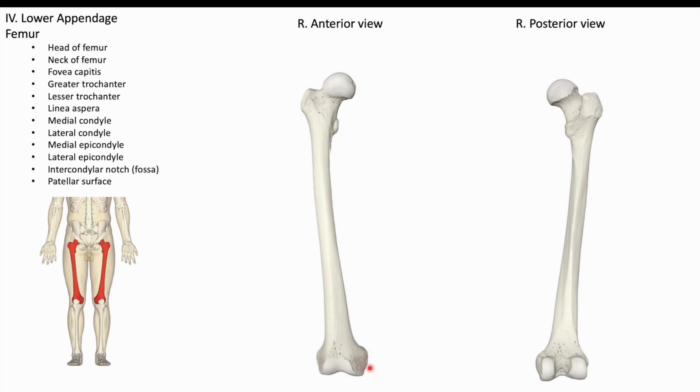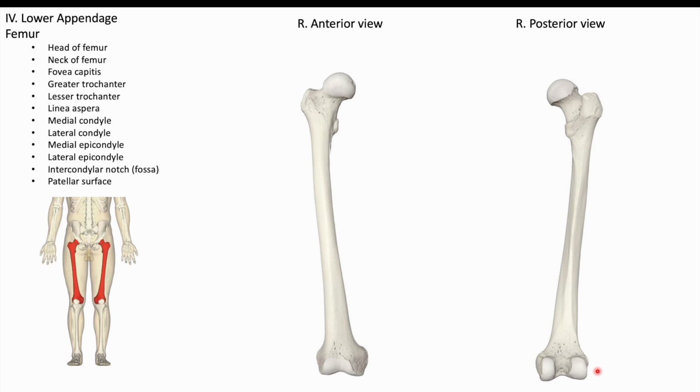So here on this surface, this is the medial epicondyle, and this would be the lateral epicondyle. The epicondyle is where the collateral ligaments are going to attach.